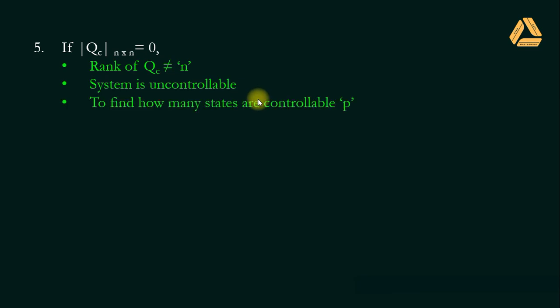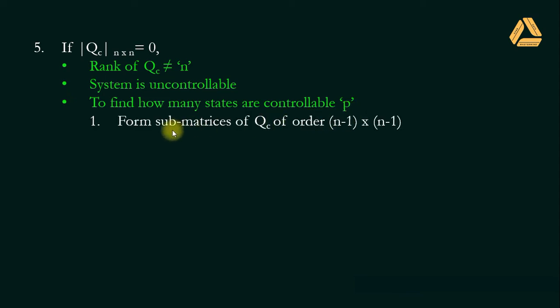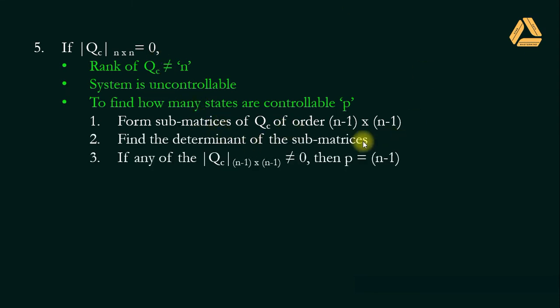Even if the system is uncontrollable, if you want to find how many states are controllable, which is given by P, you have to form submatrices of QC of order n minus 1. Suppose the order of QC is 3, you have to form submatrices of order 2 cross 2 and find the determinant for each submatrix.